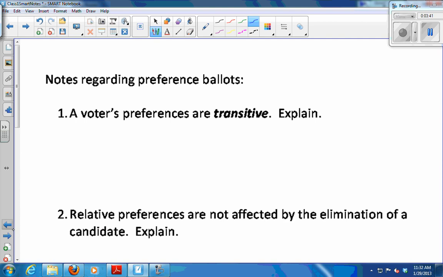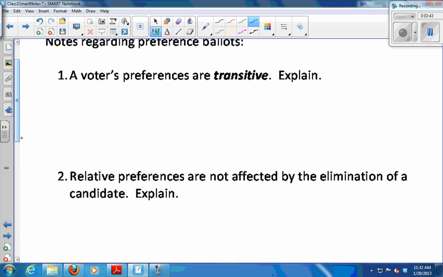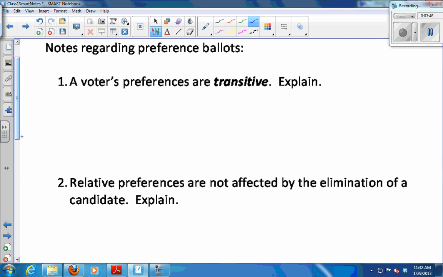So a couple of notes regarding preference ballots. A voter's preferences are transitive. Anybody know what the word transitive means, or heard it in a previous class somewhere? Oh, verbs, yeah, I don't think it's really related to that.